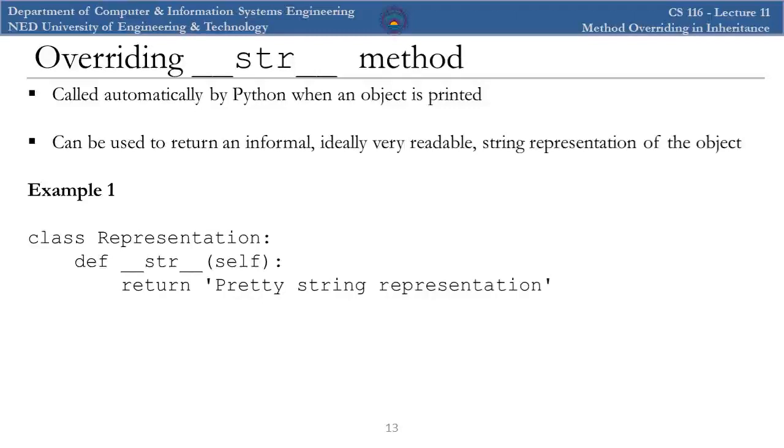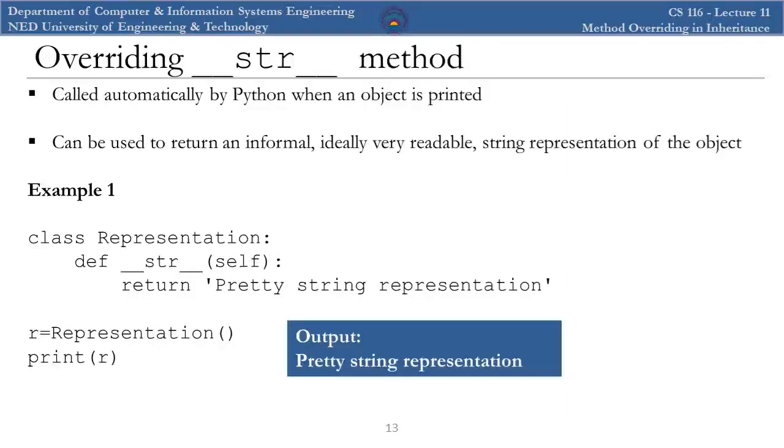So this method simply returns a string, and whatever string it returns will be printed when I print this object Representation. So now to test this, I make an object R of this type Representation, and then I print this object R.